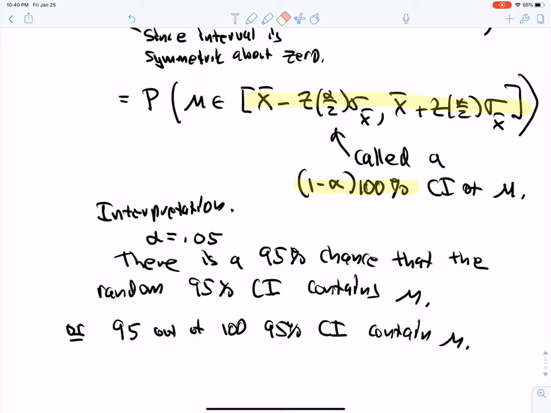We say there's a 95% chance that the interval contains mu, not that there's a 95% chance that mu is contained in the interval, because the probability is a probability of the interval, not of the constant. The constant is either in the interval or not, and because it's a constant, there's no variability about it. But anyway, I'm talking too much.